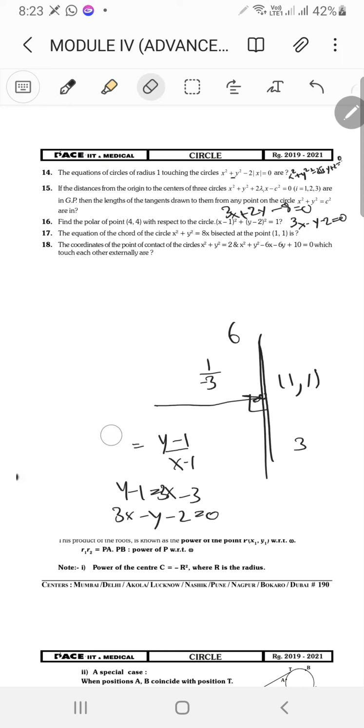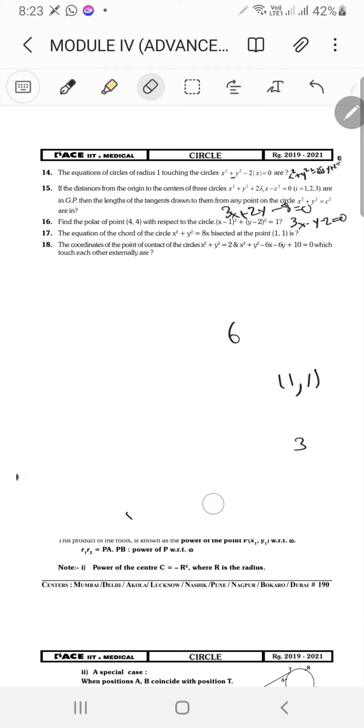18th. The coordinates of the point of contact of the circles x squared plus y squared equal to 2 and x squared plus y squared minus 6x minus 6y plus 10 equal to 0, which touch each other externally, are what? Coordinates of the point of contact. This circle and that circle, which touch each other externally.